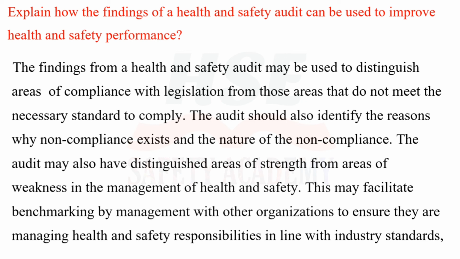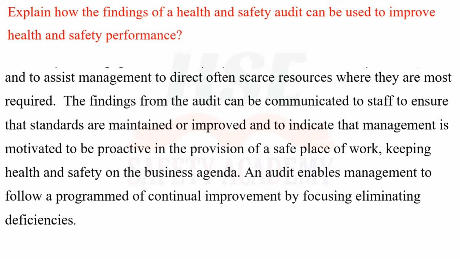The audit may also have distinguished areas of strength from areas of weakness in the management of health and safety. This may facilitate benchmarking by management with other organizations to ensure they are managing health and safety responsibilities in line with industry standards, and to assist management to direct often scarce resources where they are most required.